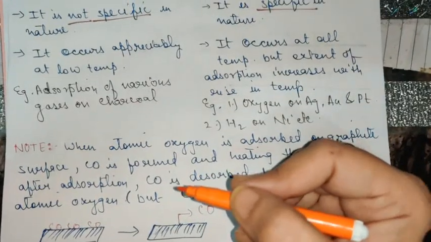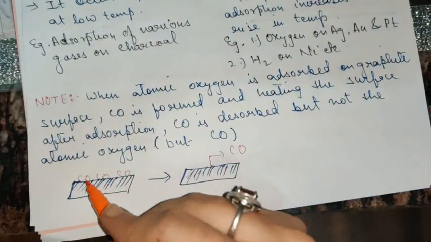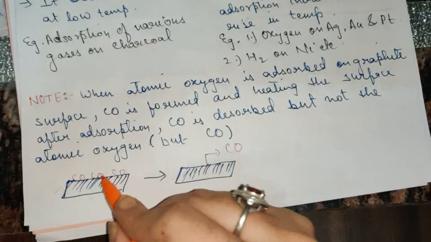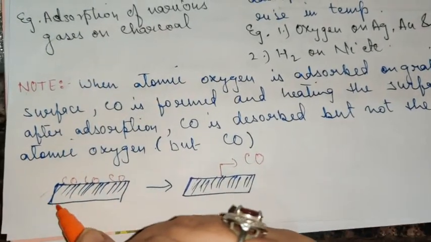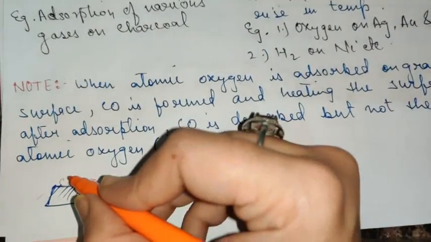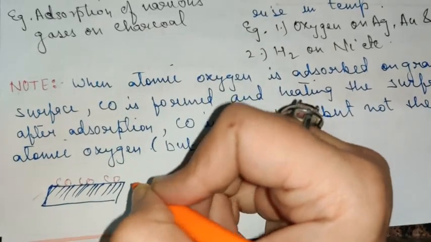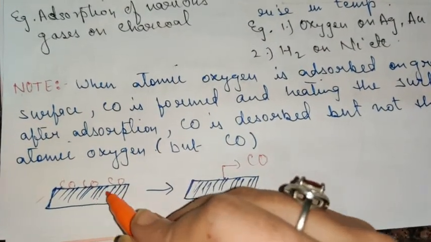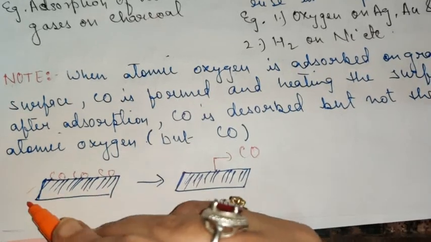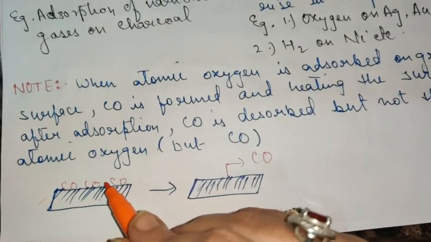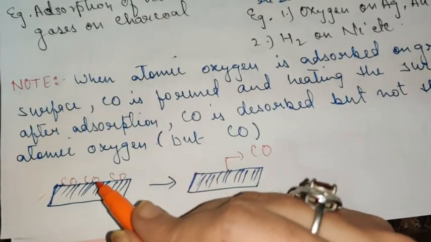Why does this happen? Suppose this is graphite. Graphite is carbon. When oxygen is adsorbed over the surface of graphite, oxygen reacts with the carbon present at the surface and produces carbon monoxide.